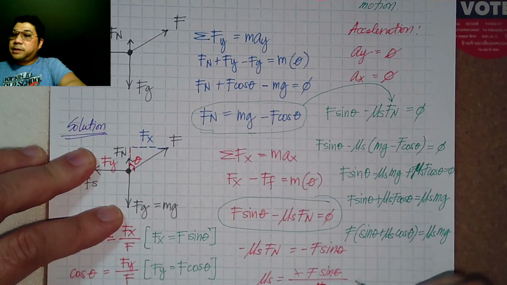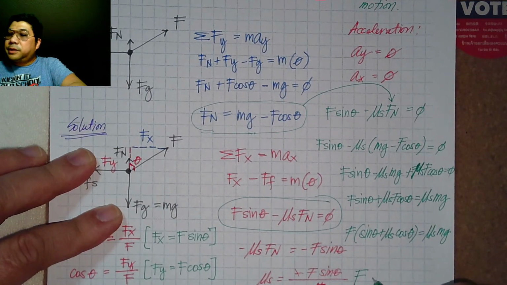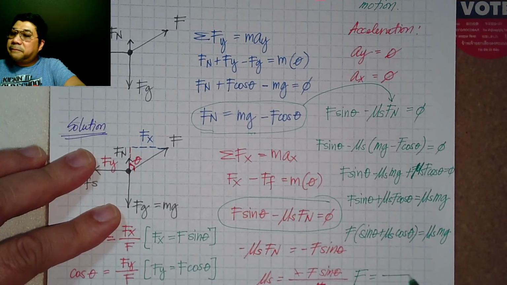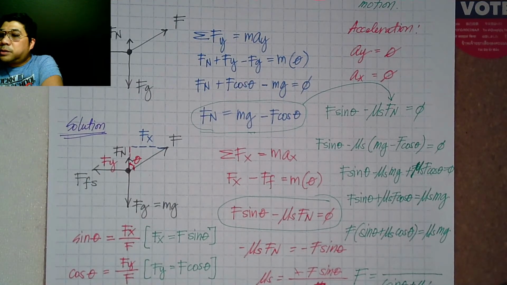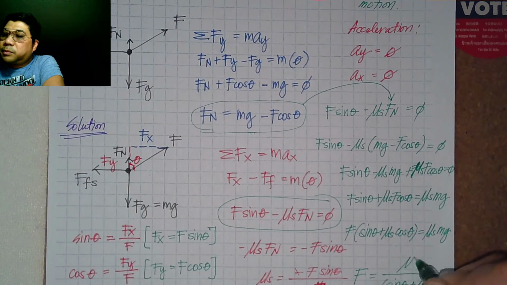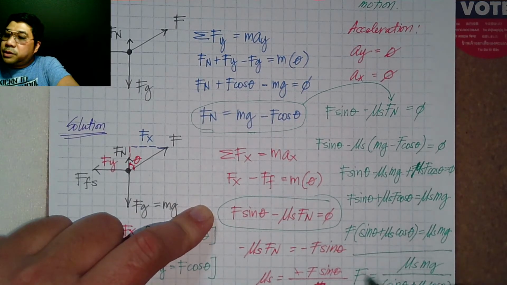So now we can say that our F is simply, let me write the denominator first because it's a little bit longer, sine theta plus mu s cosine theta, and the numerator is mu s mg.